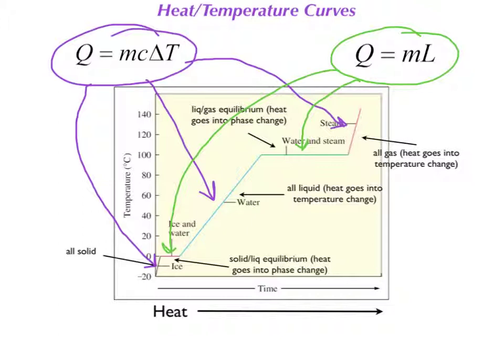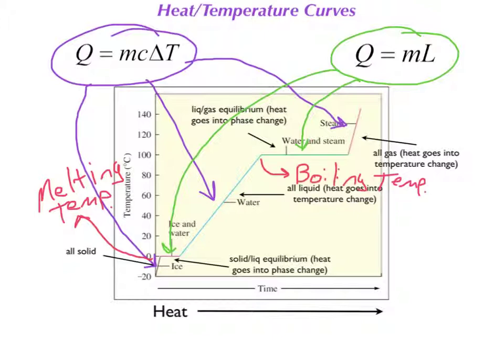Now, to look in a little more detail, the temperature at this point where the ice goes from solid to liquid, where that phase change begins, we call the melting temperature. And the temperature over here, where the water begins to become steam, we call the boiling temperature.